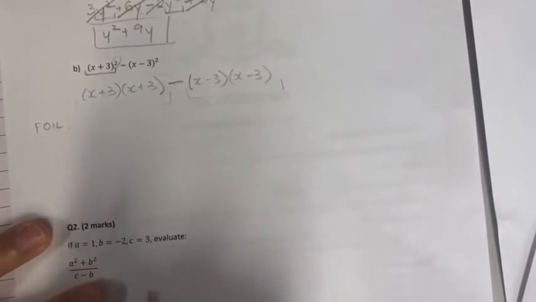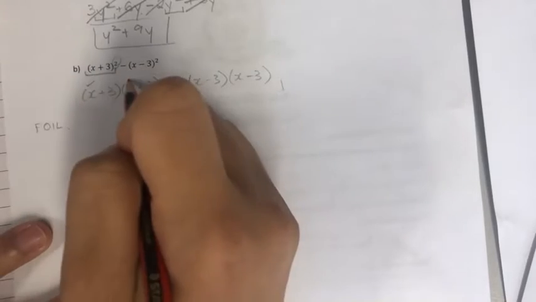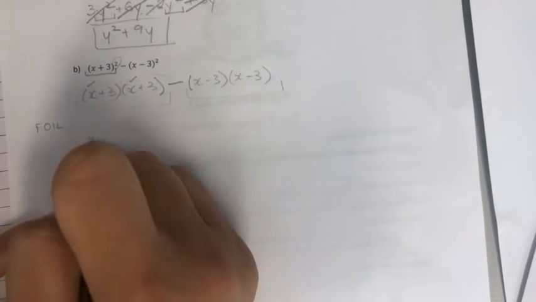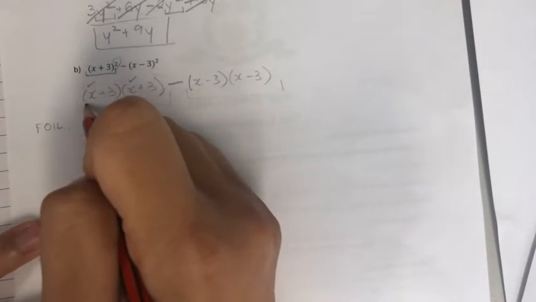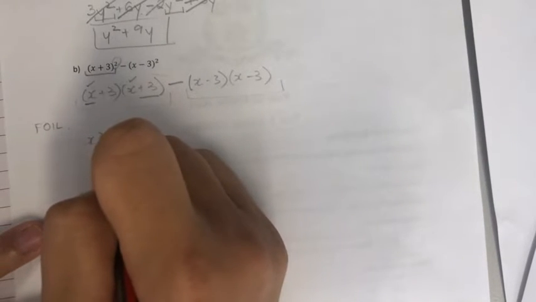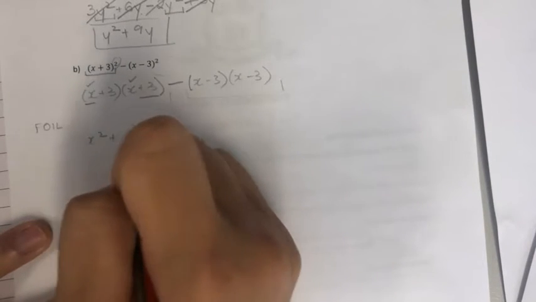All right, so the technique we use to make sure everything is multiplied is FOIL, which is just a check system to make sure that you do that. So first terms multiplied together, so x times x is x squared. Then the outside terms, so that's the x and the plus 3. So that's x times 3, which is positive 3x.